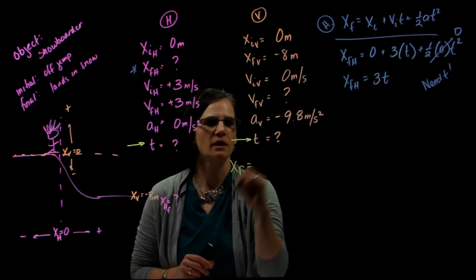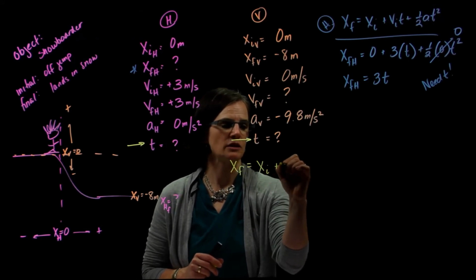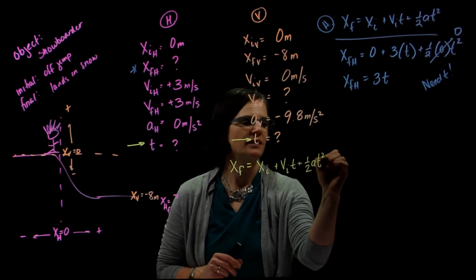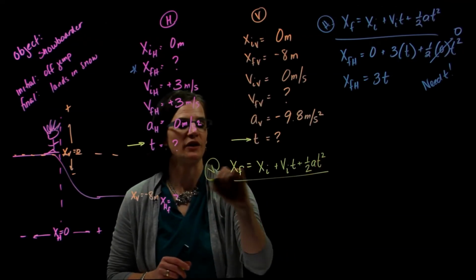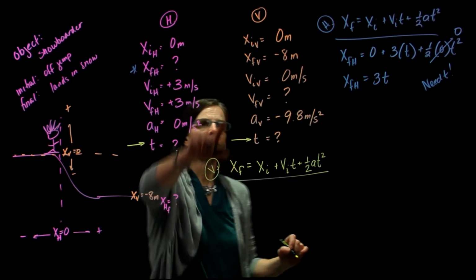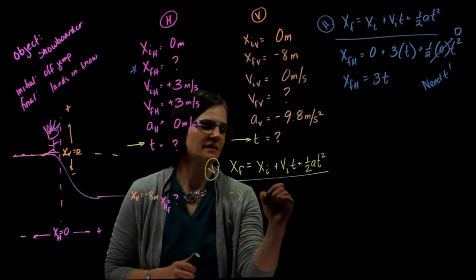So let's just remind ourselves again that the position final is equal to the initial position plus the initial velocity times time plus 1/2 the acceleration times time squared. And now we're interested in the vertical dimension. So x final is negative 8. X initial is 0.